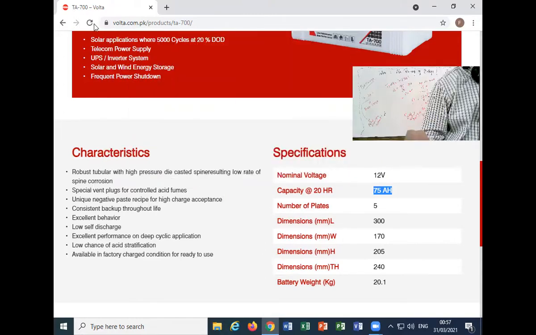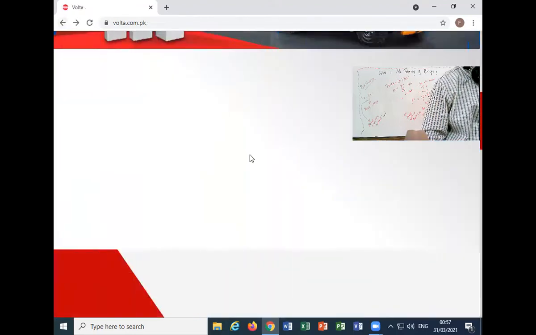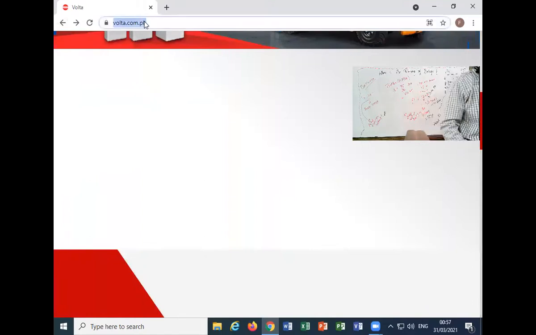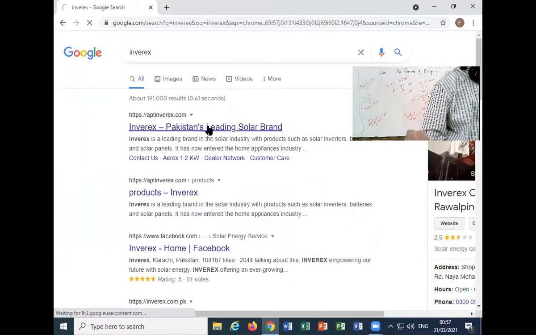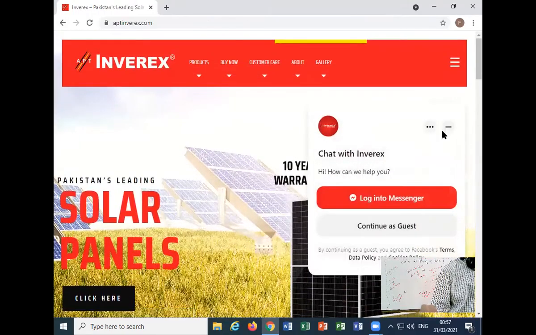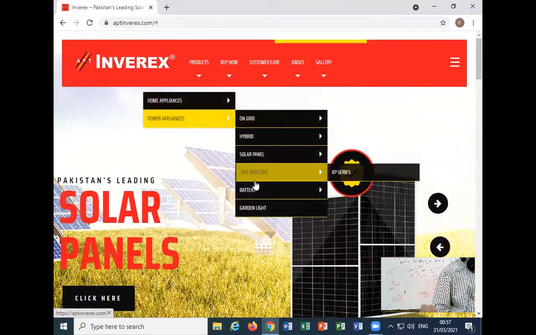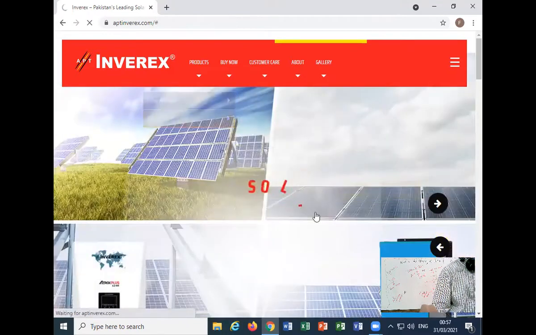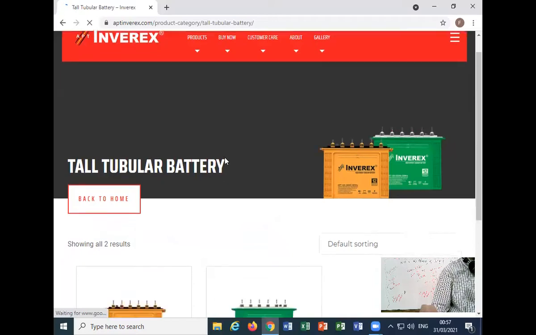Now let me show you another example, a practical example. So here we write it in X. Now they have the products, like here you have batteries, and Inverex is a leading manufacturer of solar appliances here in our country.